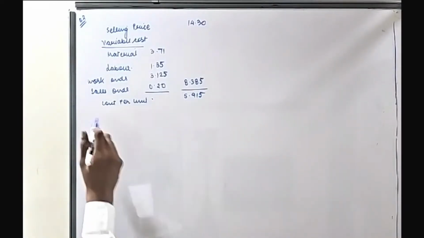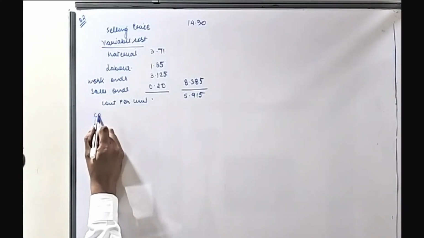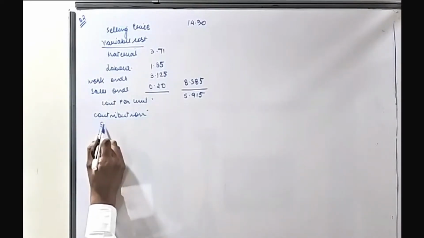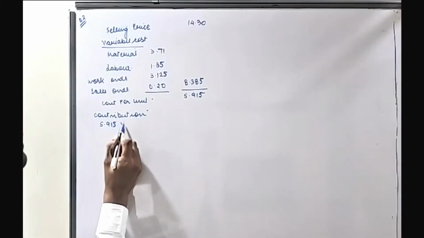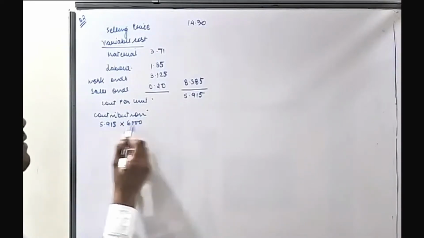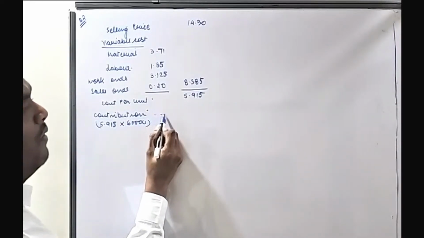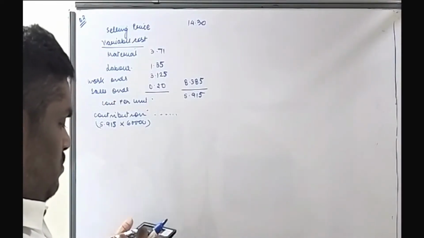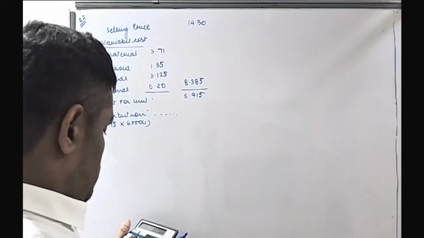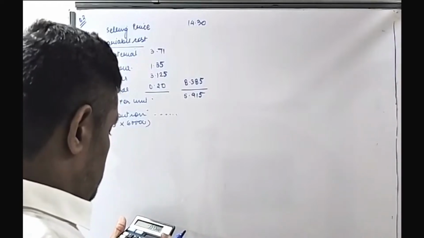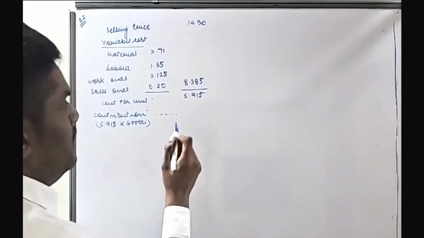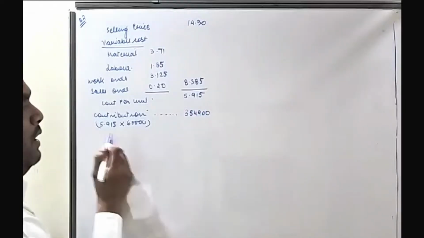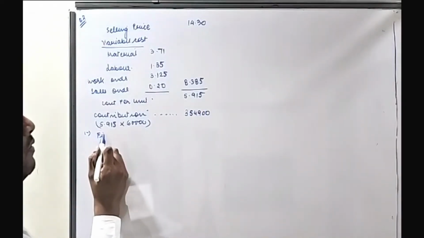So total contribution will be how much? 5.915 into 60,000, which is $3,54,900. Now we will subtract the fixed cost.